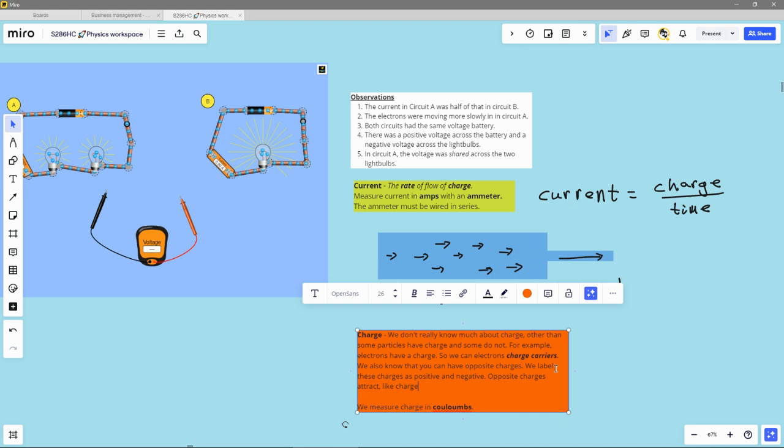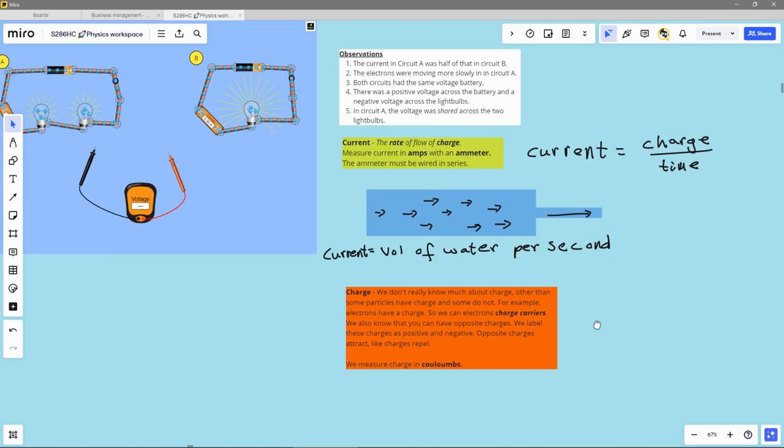What do I mean by like charges? I mean positive and positive, or negative and negative. We don't say identical because one could be large and one small, but they're like, so they're both positive or both negative. So two electrons next to one another would repel each other, and an electron and a proton would be attracted to one another.